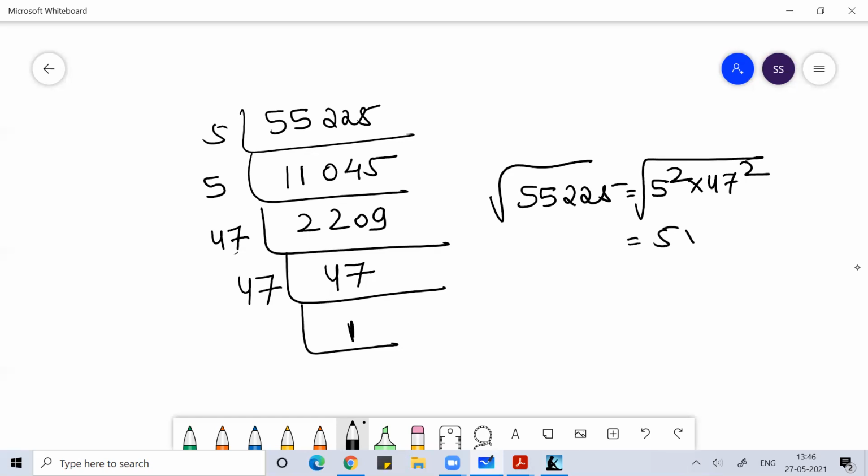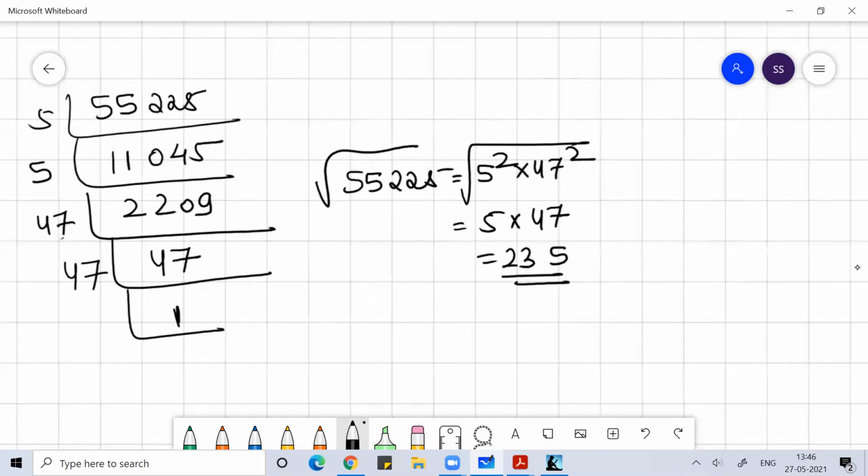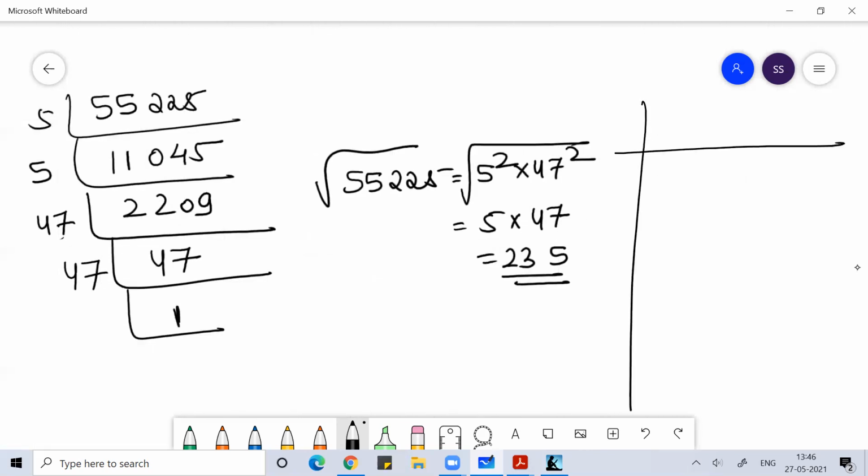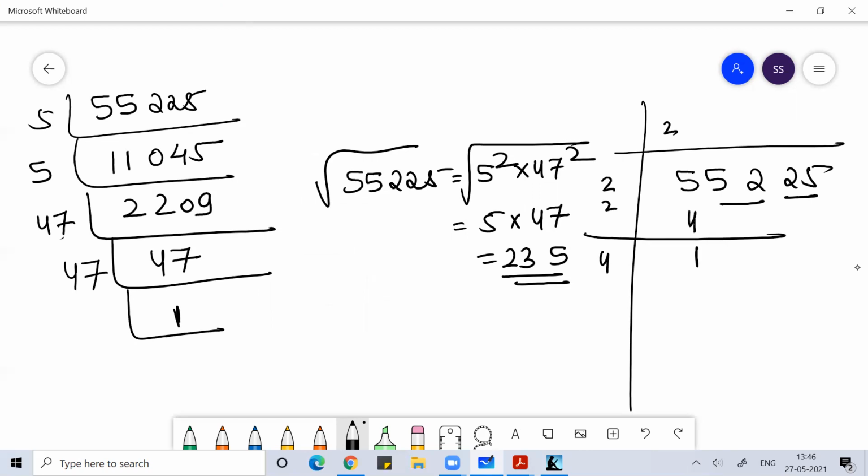The square root of this is 5 into 47. That is 235. That is your answer. If you do square root like this, you'll get the same answer. Okay, sir. Did you understand? Yes. Okay. Can you do the other two?